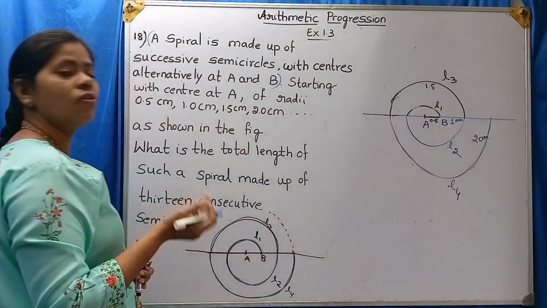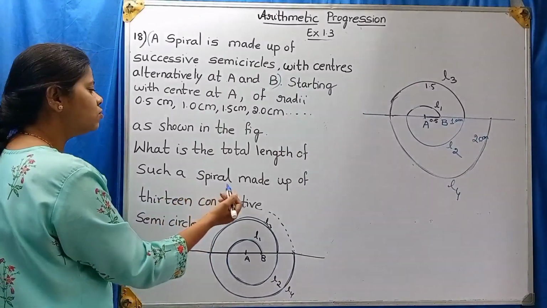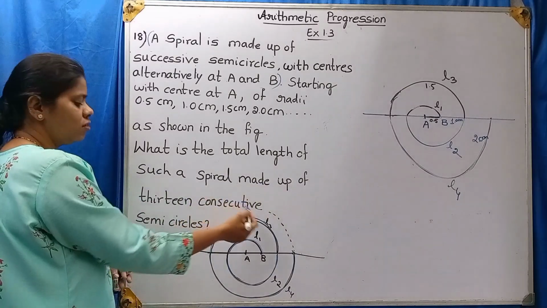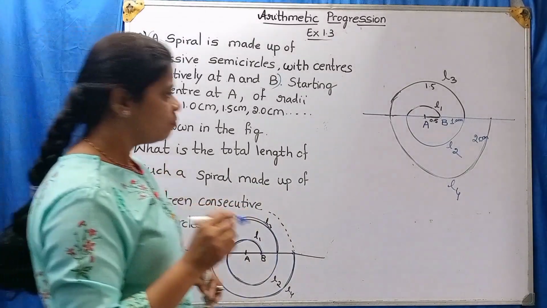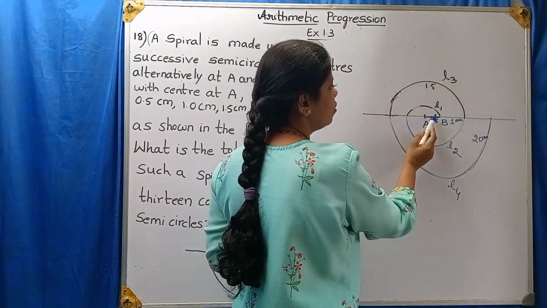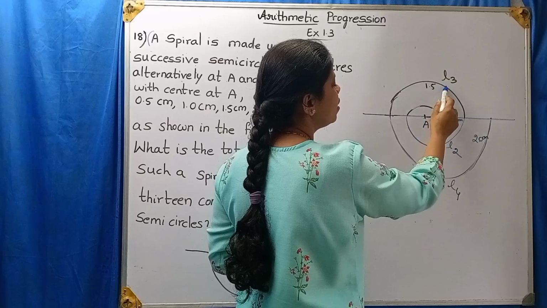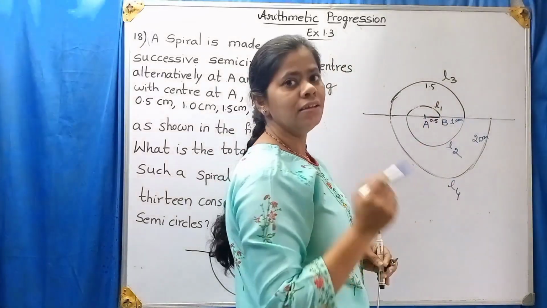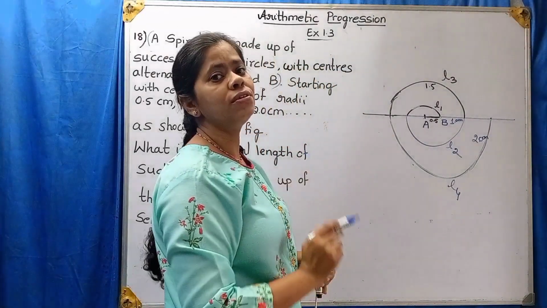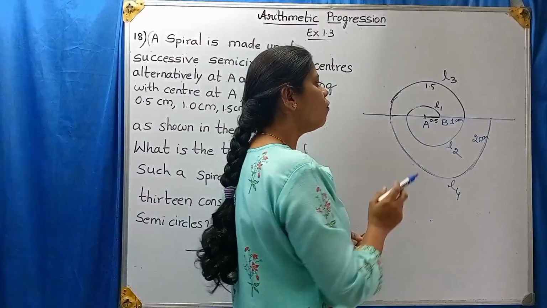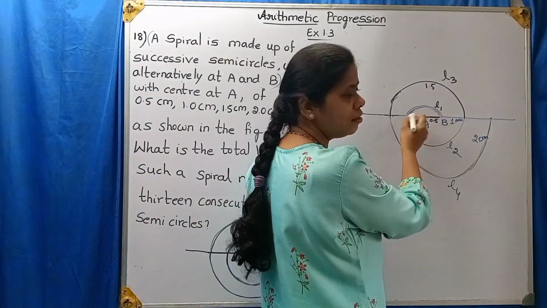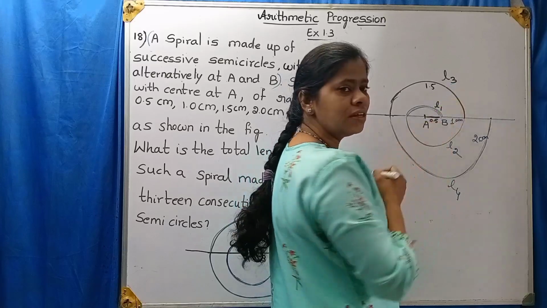Then, in the question, what did they tell us to find out? They told us to find out the total length of such a spiral made up of 13 consecutive semicircles. It means they have 13 semicircles, L1, L2, L3, L4, like that. And we have to find out the total length of the spiral. Then what will you do? To find out the total length, we have to add the lengths of the semicircles.